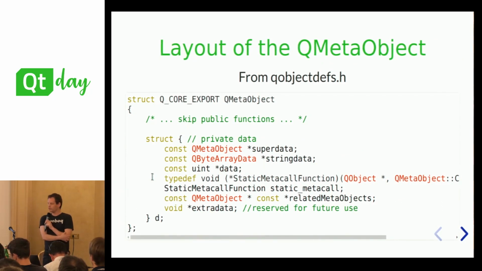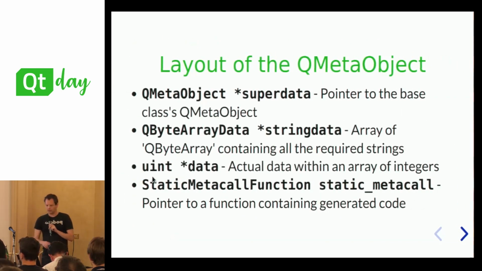So the QMetaObject is just a class with a few members. These slides do not show any of the public functions. I'm interested here in the private members. We basically have a pointer to the base object.